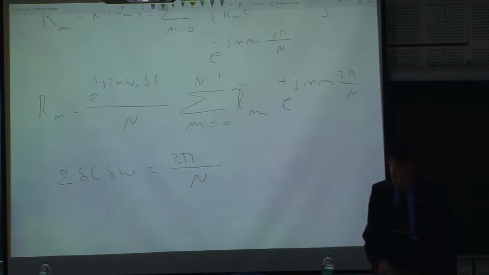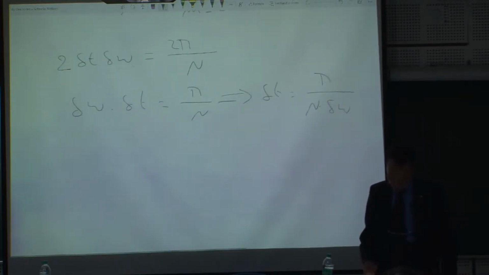In other words, you have delta omega times delta t is pi over N, which means that delta t, this is actually your space domain resolution. It is how to resolve different steps. It is given by pi over N delta omega.